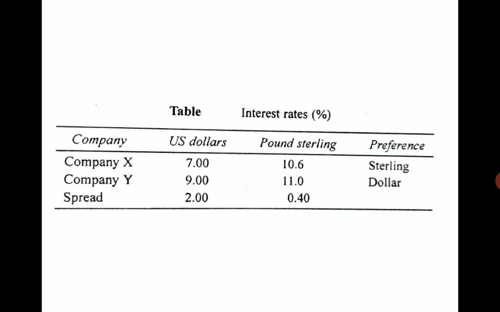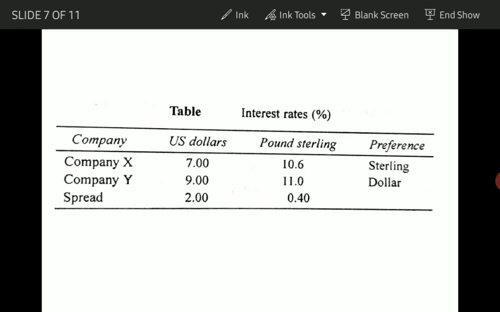Now here let us assume there are two companies X and Y who want to borrow foreign currency loans. Company X wants to borrow pound sterling, whereas company Y decides to borrow US dollar.